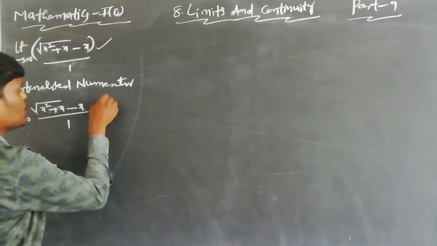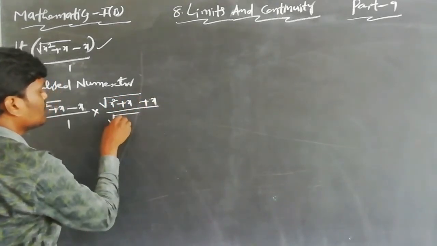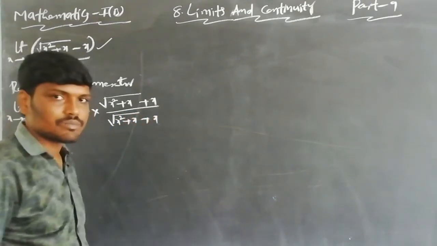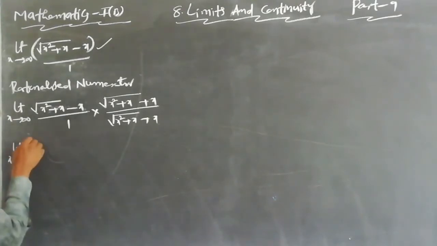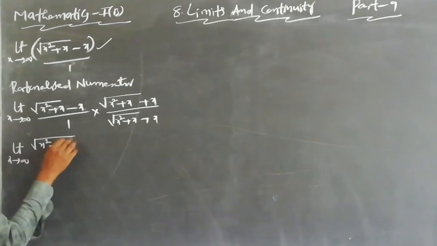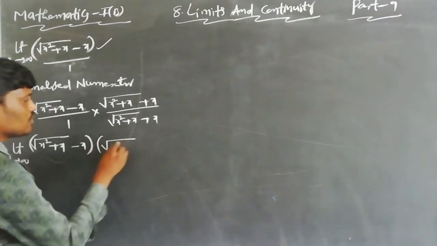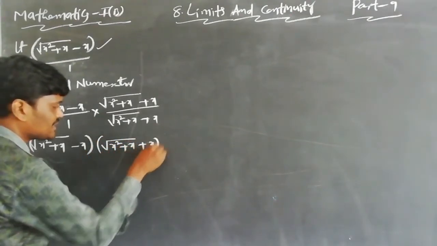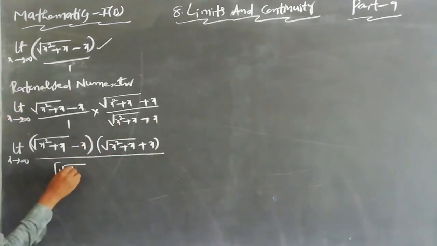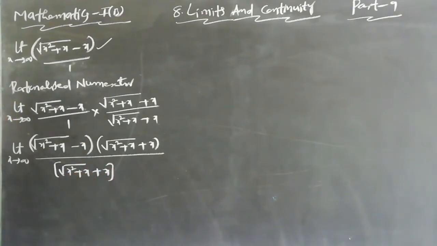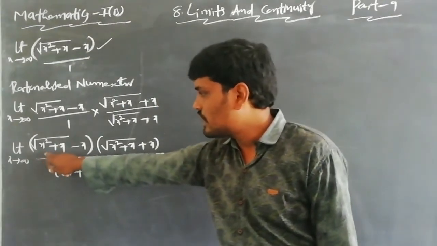This can be rationalized. You get square root of x square plus x plus x in the denominator. After that you can write limit as x tends to infinity of square root of x square plus x minus x into square root of x square plus x plus x, all by 1 into square root of x square plus x plus x.